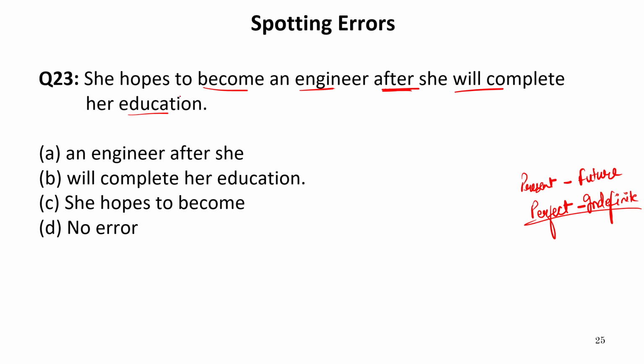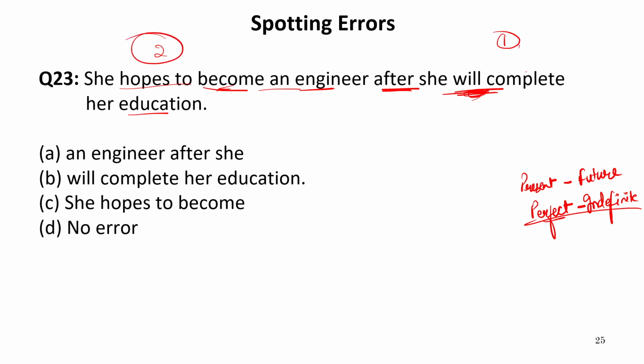So, this is a compound sentence. First is, she hopes to become an engineer. It means this will happen later on. First, she will complete her education. So, after this task will have been completed, she will start this one. So, this is first action and this is second action that will take place.